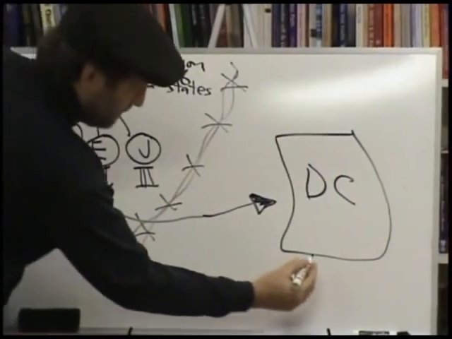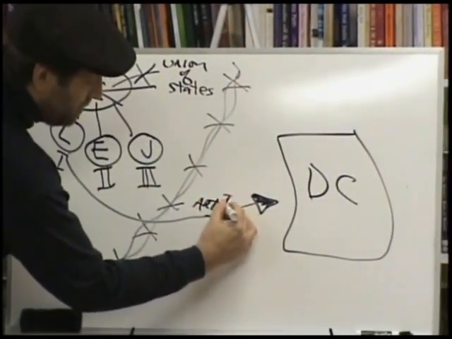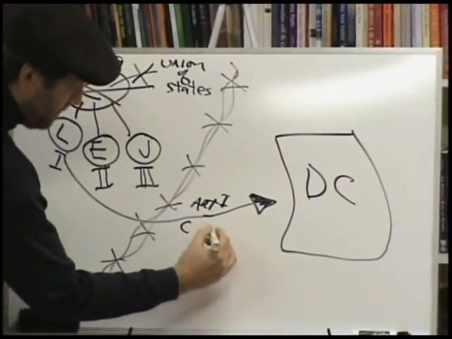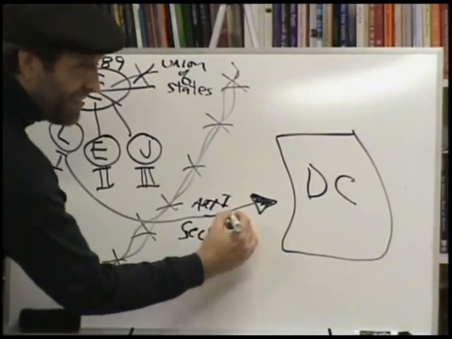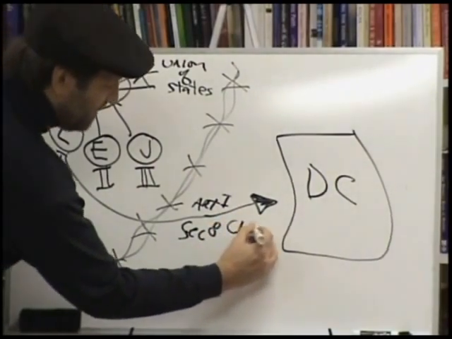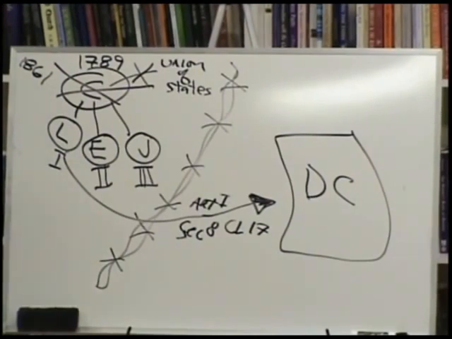1871, the Organic Act. Article 1, Section 8, Clause 17. What does it say? I thought I had my Constitution around here. But it says that the legislature shall have the complete authority over such district not exceeding 10 miles square. Here we are.